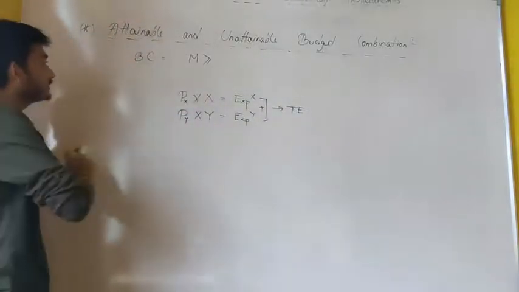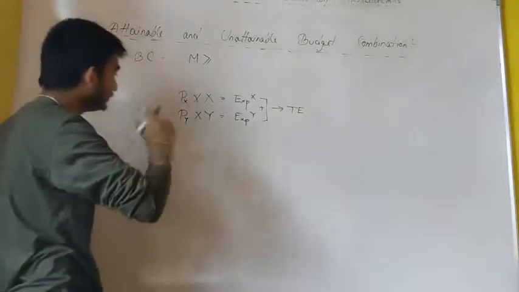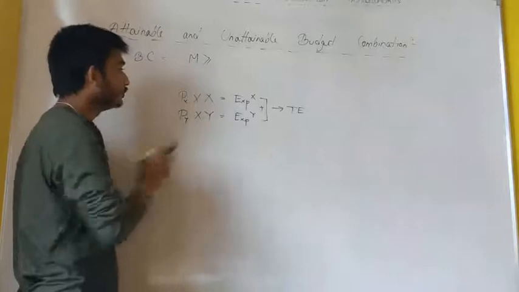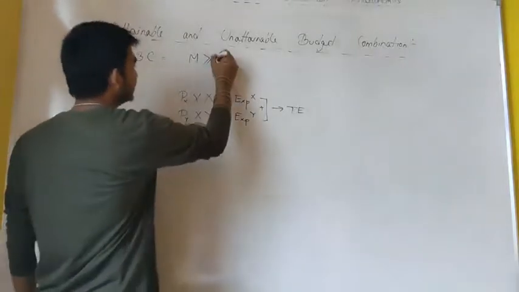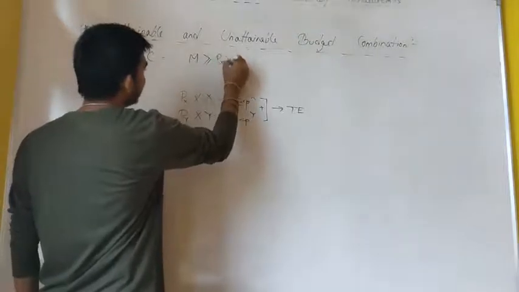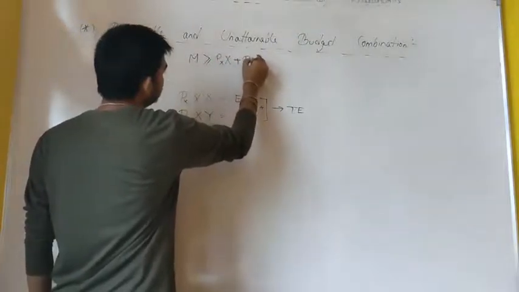So the budget constraint says that the money income has to be greater than or equal to my total expenditure. That is, M has to be greater than or equal to Px x plus Py y.